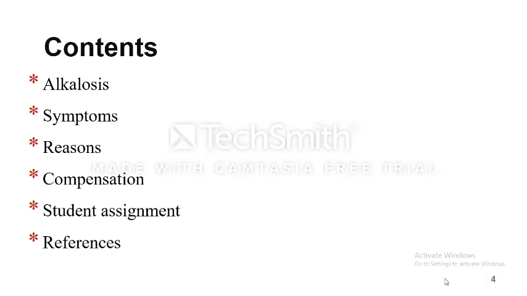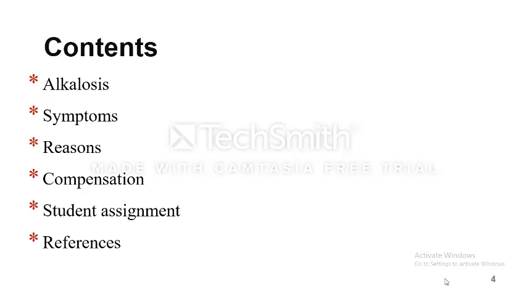Then we will move to another condition, that is alkalosis, that is also caused by the disturbance of acid-base balance. We will see in detail what is alkalosis, and then we will see its symptoms, what are the reasons that cause alkalosis, and how it is compensated.